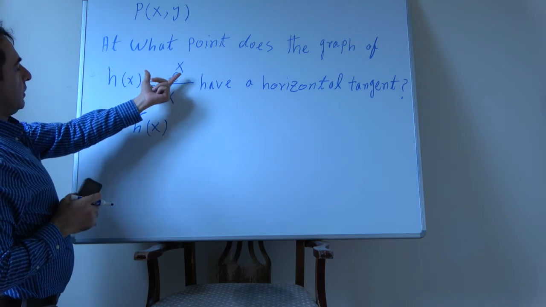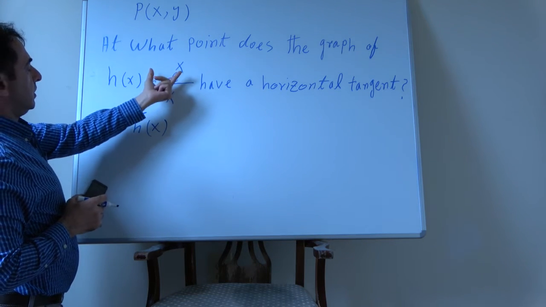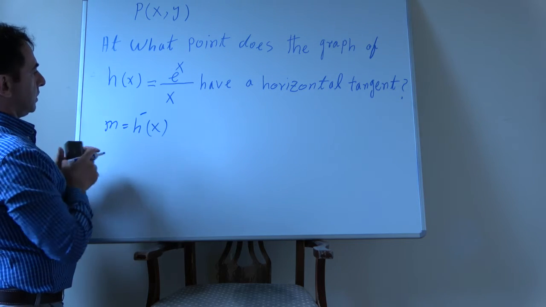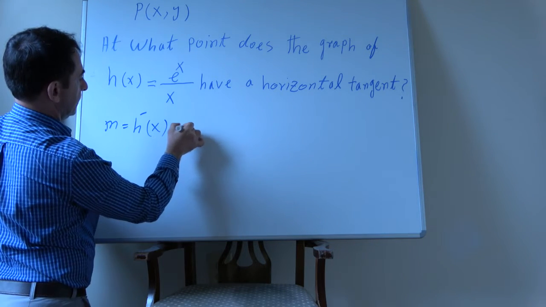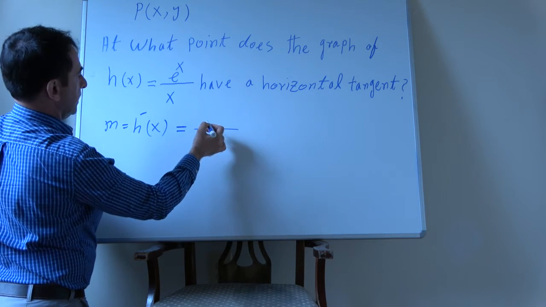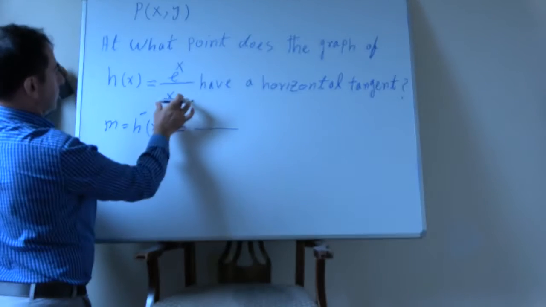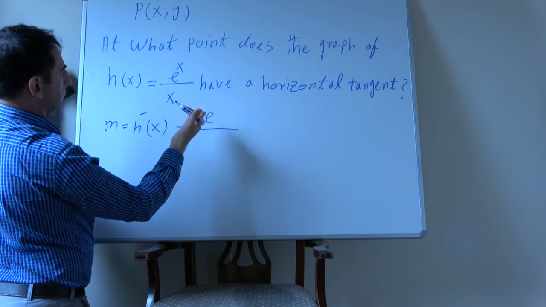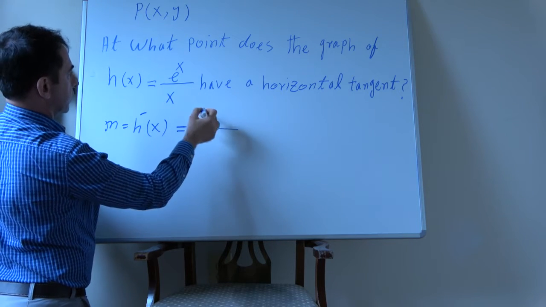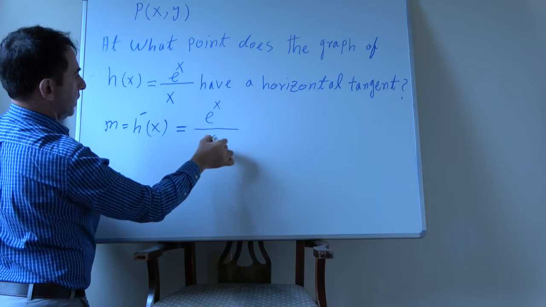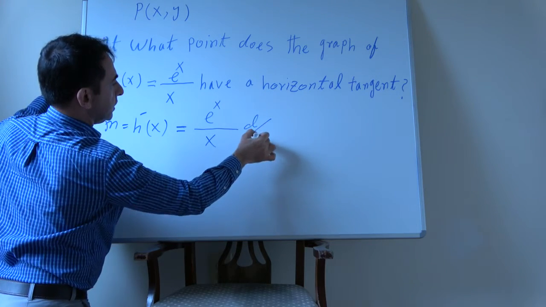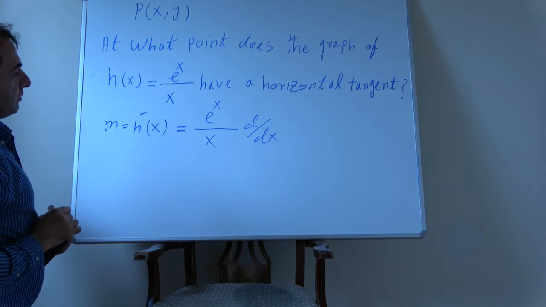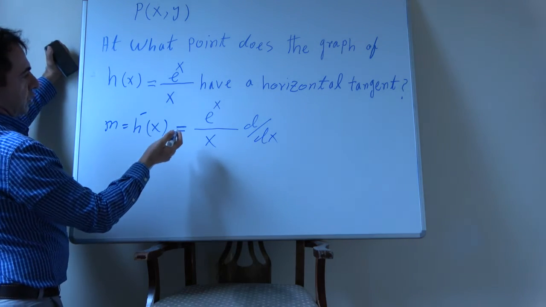We take the derivative of the whole function, e to the power of x over x, and we have the quotient rule.